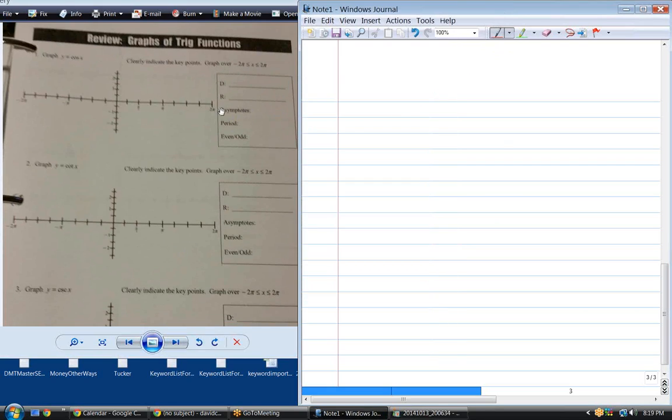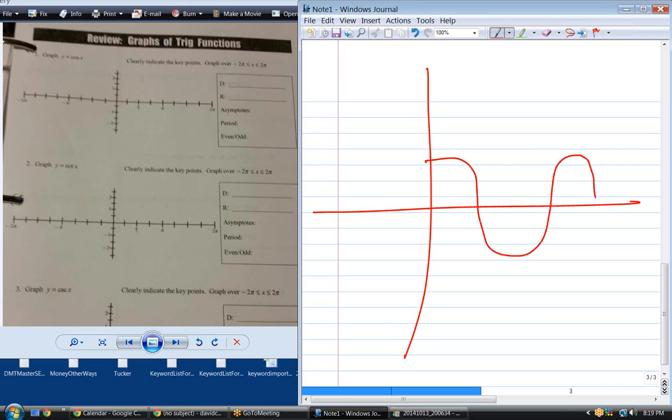Cosine: domain, all reals. Range, -1 to 1. Asymptotes. Are they every pi? No, this is cosine. Every pi over 2. Never. There are no asymptotes.